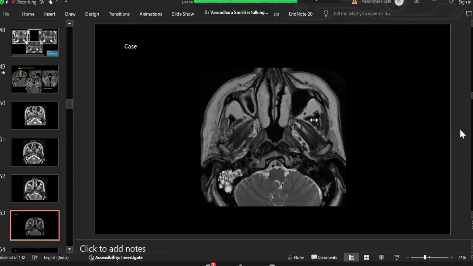That was a lymphoma also near the fourth ventricle. We do see nerve thickening in many other conditions. IgG. We deal in an onco institute, so we mostly see the malignant cases.